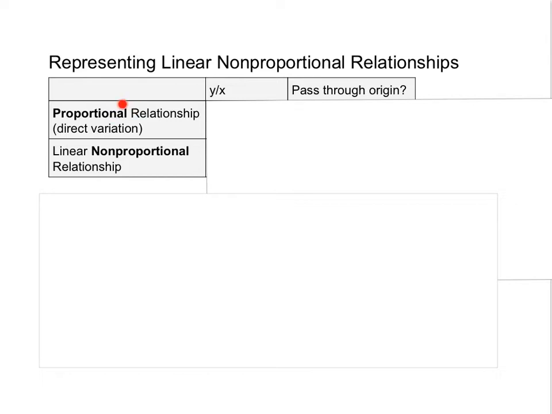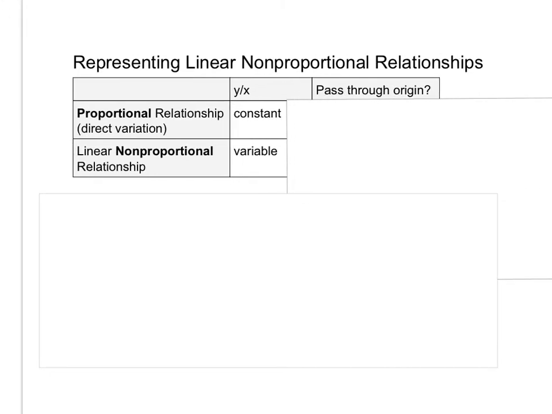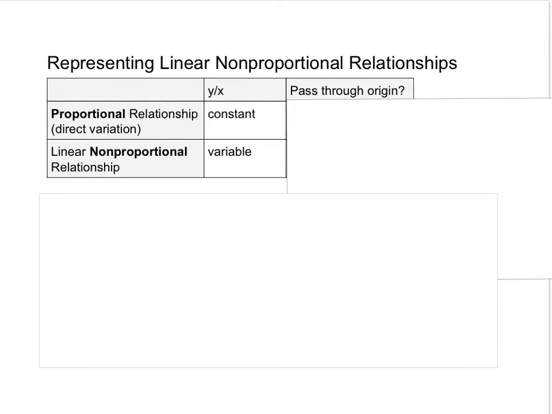What does proportional mean? It means same ratio, and this is the ratio y over x. So y over x for a proportional relationship is constant. But for non-proportional, y over x is not a constant, so we use a variable to say that it changes.